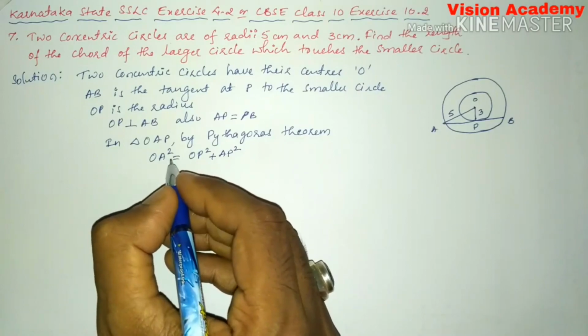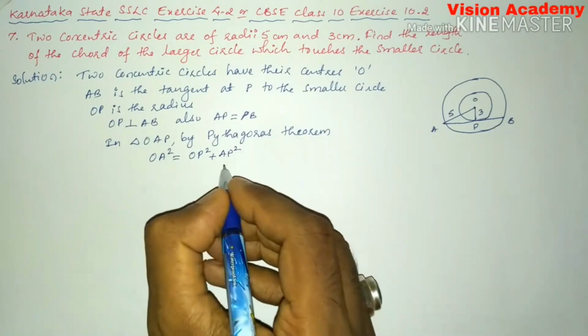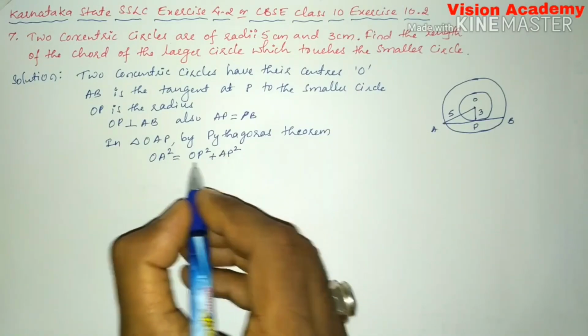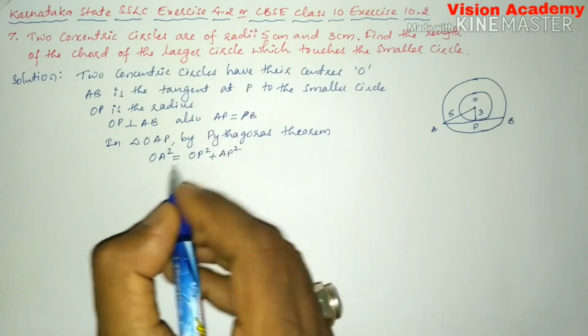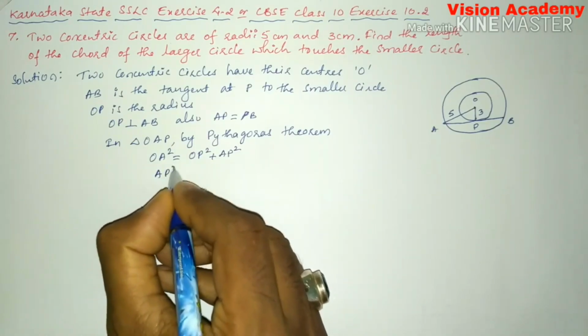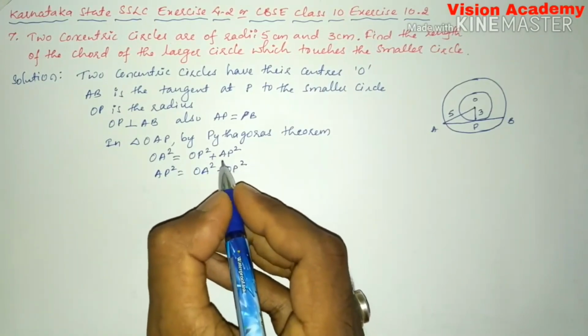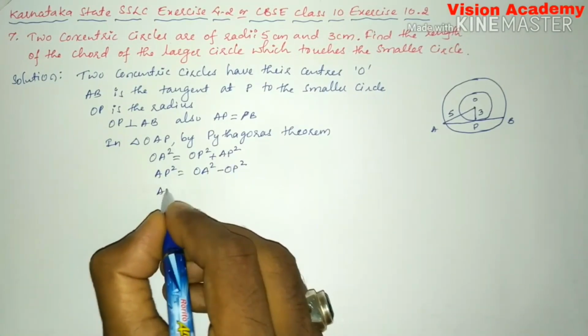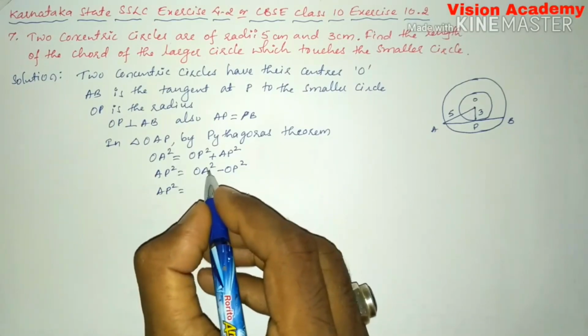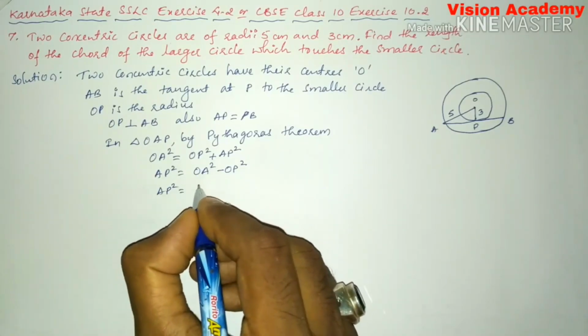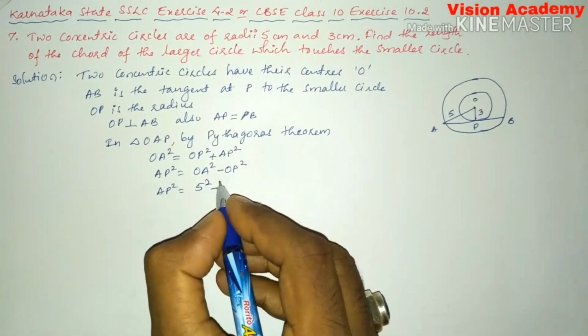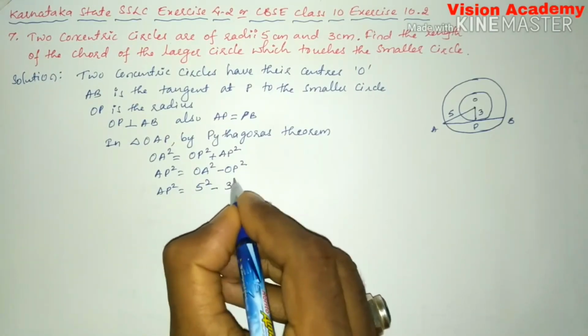Here we need to find AP square. So let us transform this OP square from RHS to LHS. Now it will become AP square is equal to OA square minus OP square. Here AP square is equal to OA square is 5 square minus OP square is 3 square.